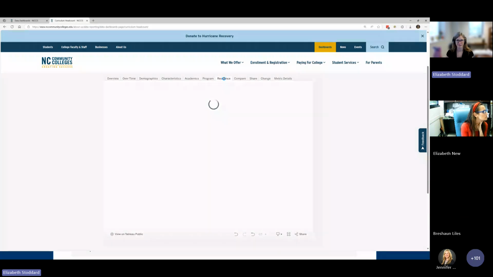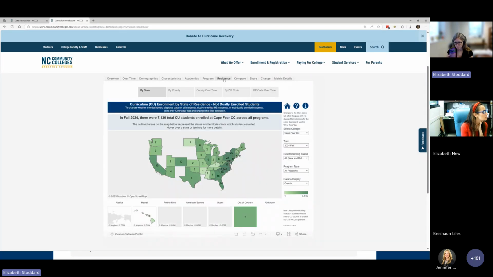So this residence tab, this one shows us where our enrolled students are coming from at the state level, the county level, and the zip code level. And again, we're only thinking about our not dually enrolled students here.